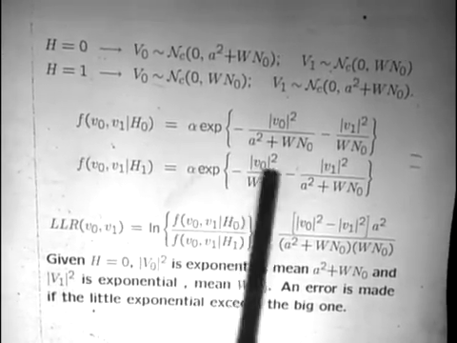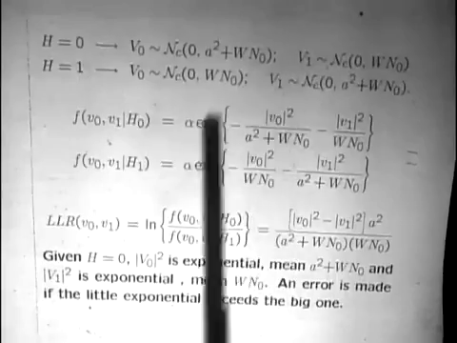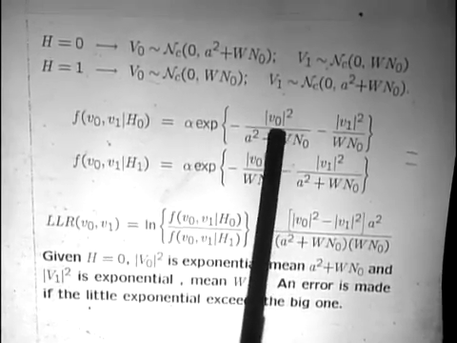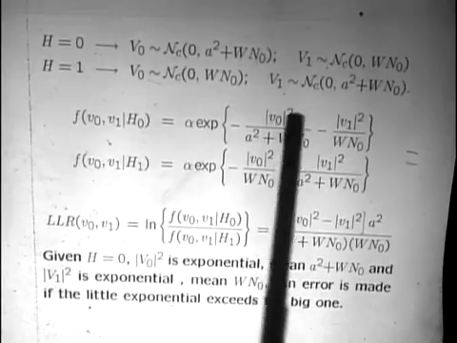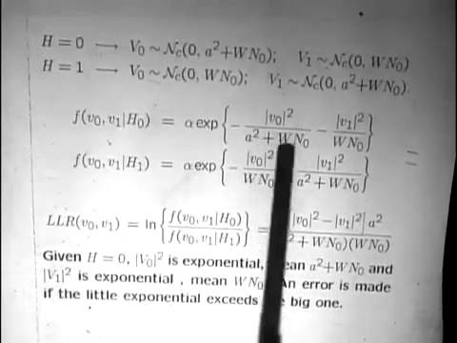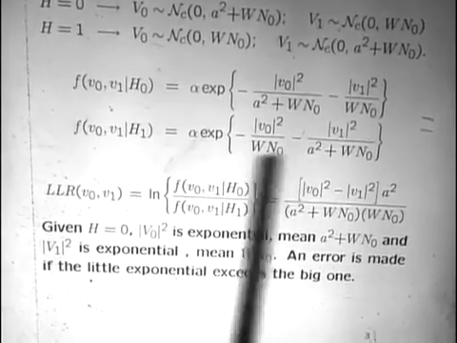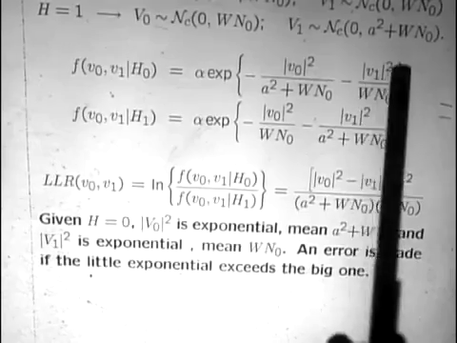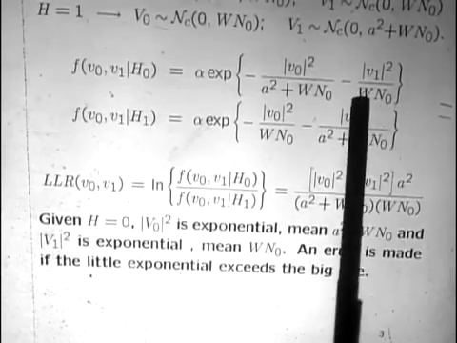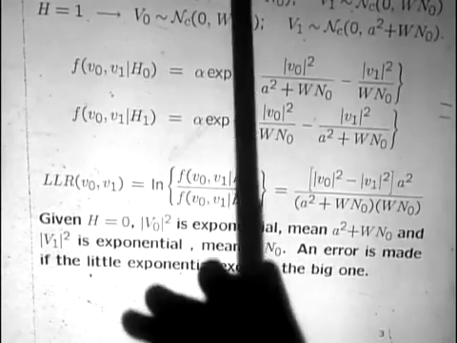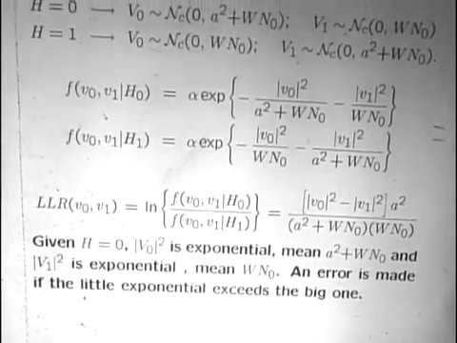And what we wind up with is this Gaussian density on V0, with V0 squared divided by the variance a squared plus WN0. And on V1, it's this Gaussian density with V1 squared divided by WN0, just because here we have this variance, and here we have this variance.